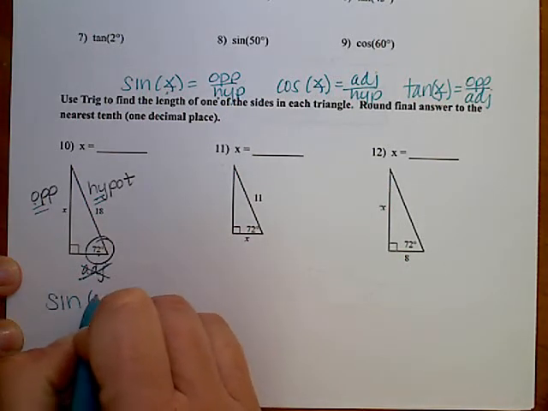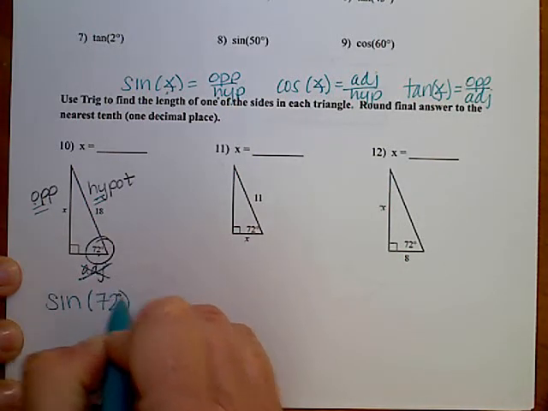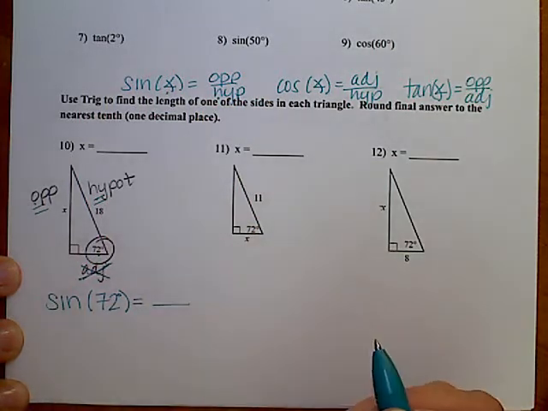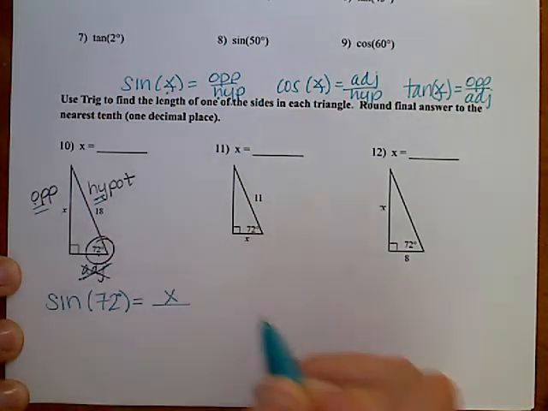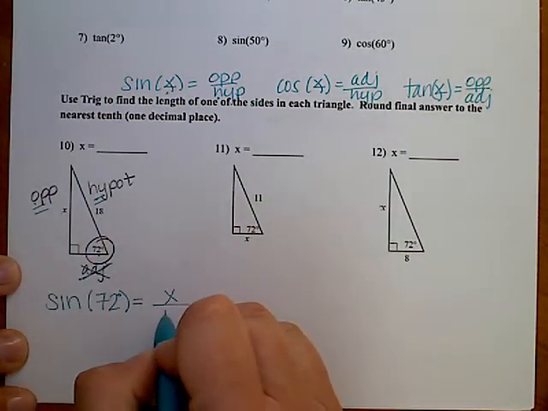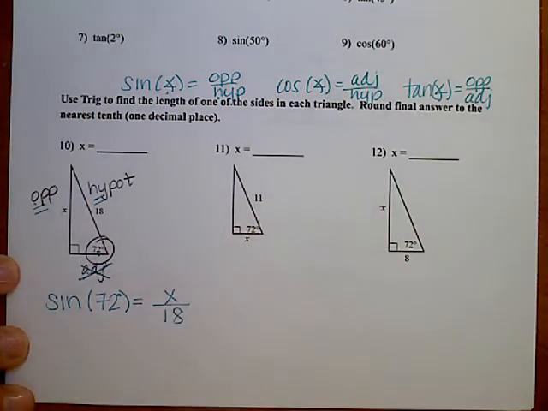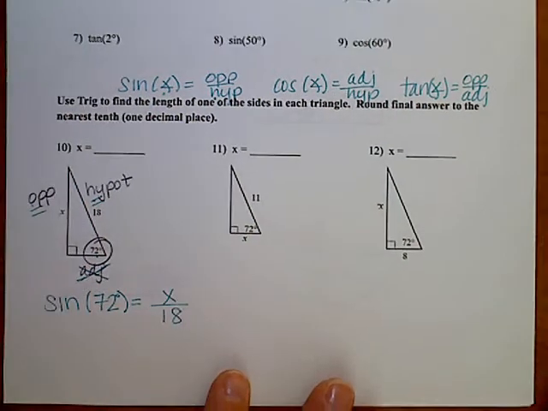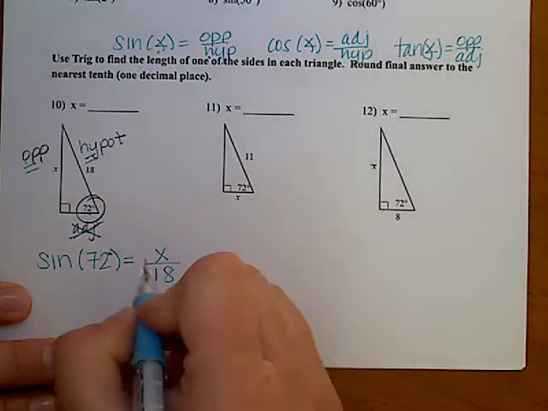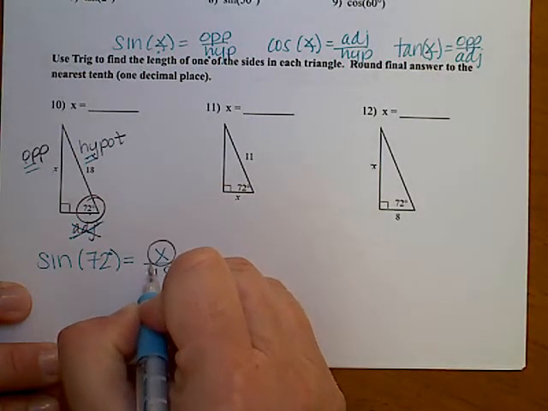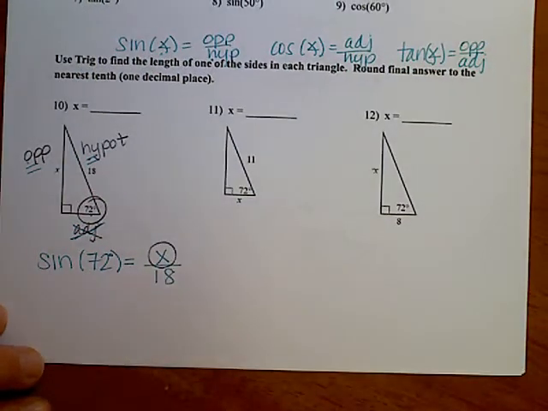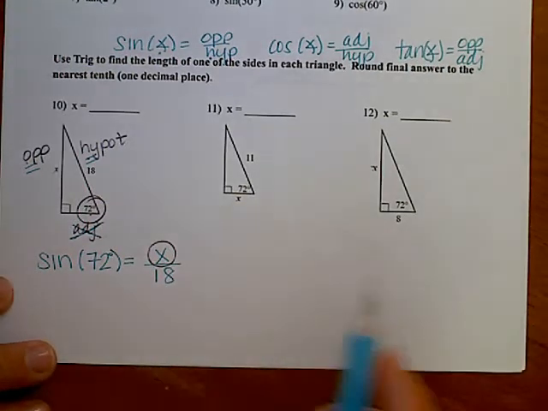So we're going to say, okay, the sine of 72 degrees is equal to the opposite side, which is represented by x, divided by the hypotenuse, which is 18. And now we want to solve this equation for x. Well, x is currently being divided by 18.